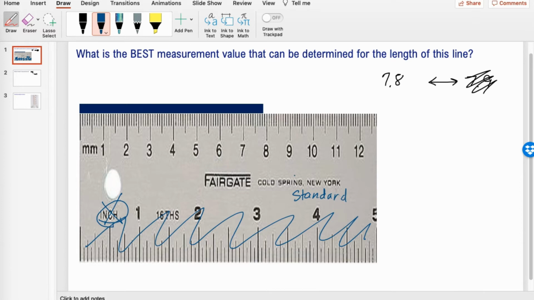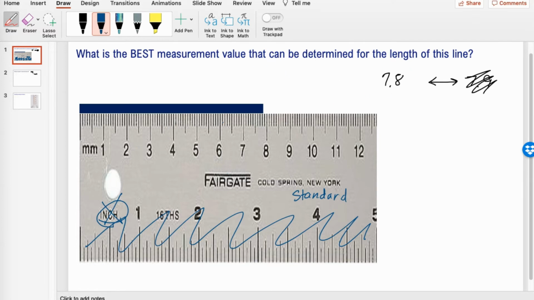All right, this is the British Standard System. The entire rest of the world uses this metric system as a standard, which is why science uses it as a standard as well. So keep in mind, just because both types of measurement units are on one ruler, one tool, doesn't mean you use whichever one you're most comfortable with. You're always using the metric system. All right.